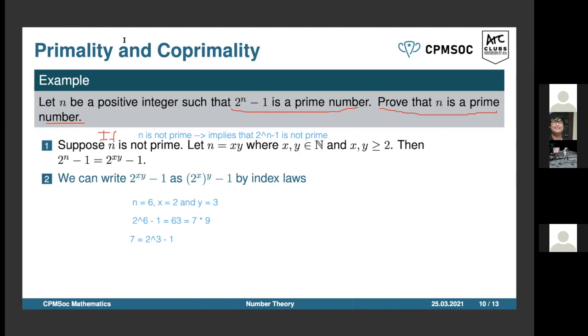You can also do a slightly higher case, such as 2 to the power of 10 minus 1, which is equal to 1024 minus 1, which is 1023. And again, we can write 10 as 5 times 2.